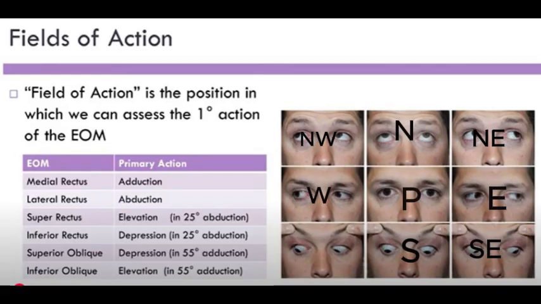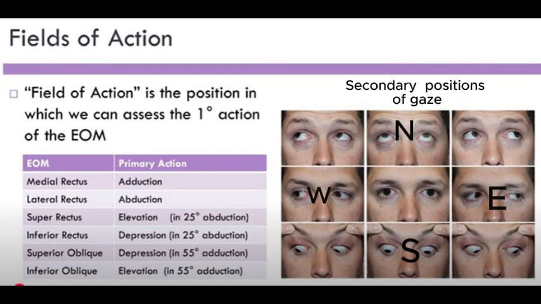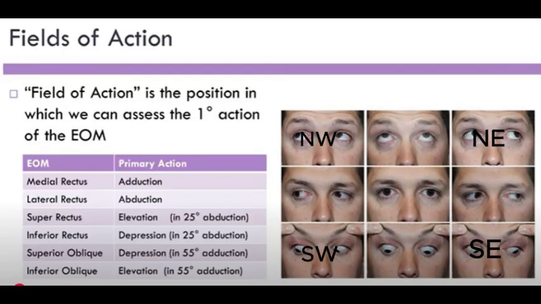This is important because the north, south, east, and west are called the secondary positions of the eye, while the northeast, northwest, southeast, and southwest are called the tertiary positions of the eye. Generally, if you want to know which of the extraocular muscles has a lesion or is damaged, it's best to check using the tertiary positions of the eye.